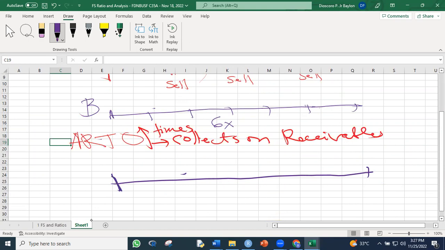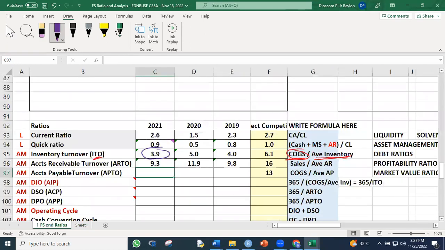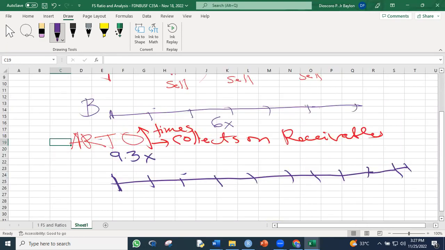After selling, we collect 1, 2, 3, 4, 5, 6, 7, 8, sorry for the approximation, 9 point something. Let's assume the length of this line is 1 year. So our ARTO is 9.3 times.